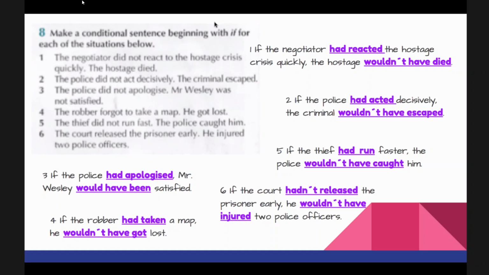So guys, as I keep telling you over and over and over, the most important thing regarding any form or any word in English is the meaning. What do I mean? Okay, entonces se vuelven las cosas más complicadas porque si yo nada más me aprendo que el tercer condicional siempre es el if con el pasado perfecto, con un modal y luego el have y luego un verbo en pasado participio. Eso está bien, porque pues digamos que es el principio, pero no me puedo quedar nada más con eso.